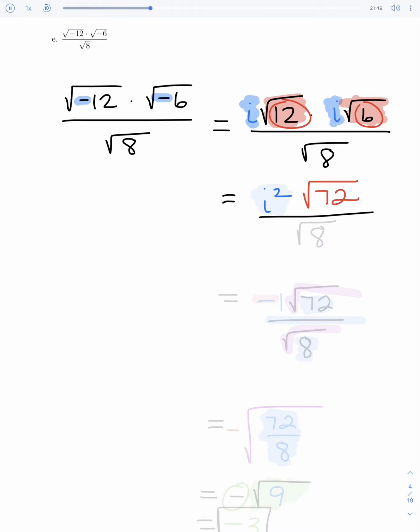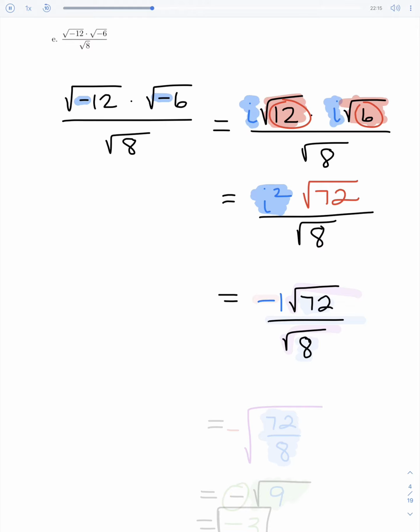And I've got the square root of 8 on the bottom. Continuing along, we've got the i squared, which is negative 1. And on top I had that square root of 72. And on the bottom I had my square root of 8.